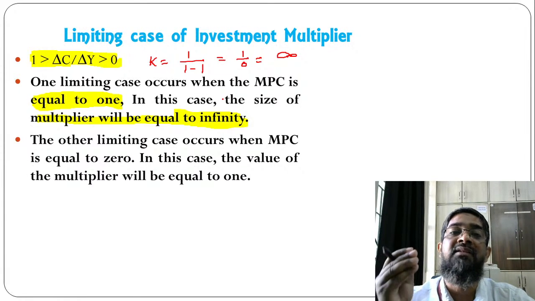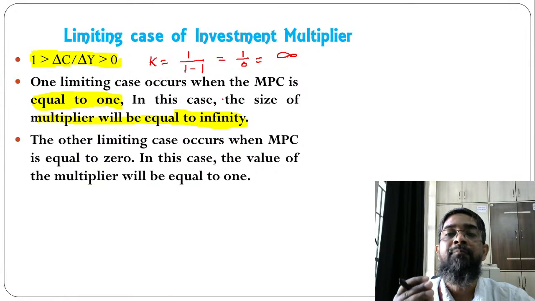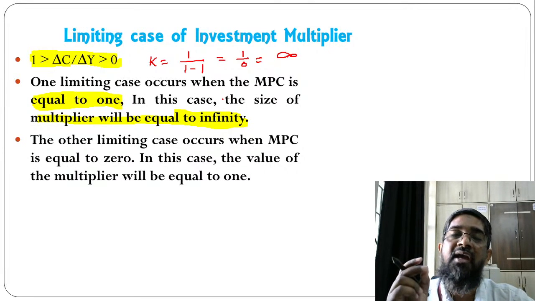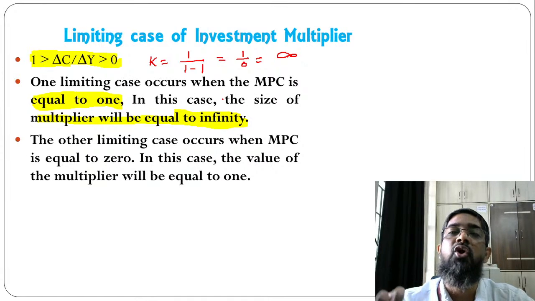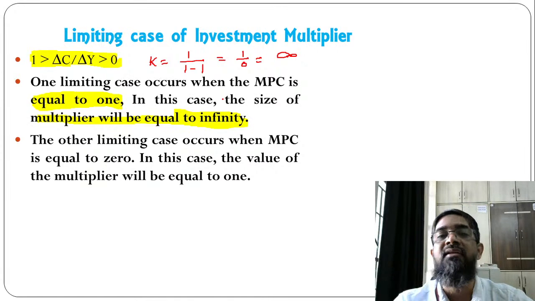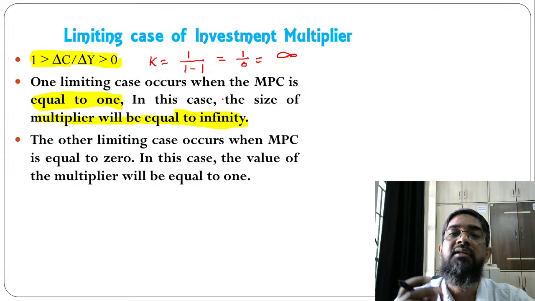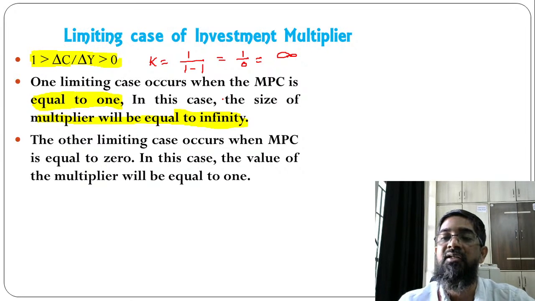That means there is 100% consumption, there is no saving, correct? But in actual life what happens? The value of MPC is always less than 1. It can't be 1. That's why the value of k can't be infinite.